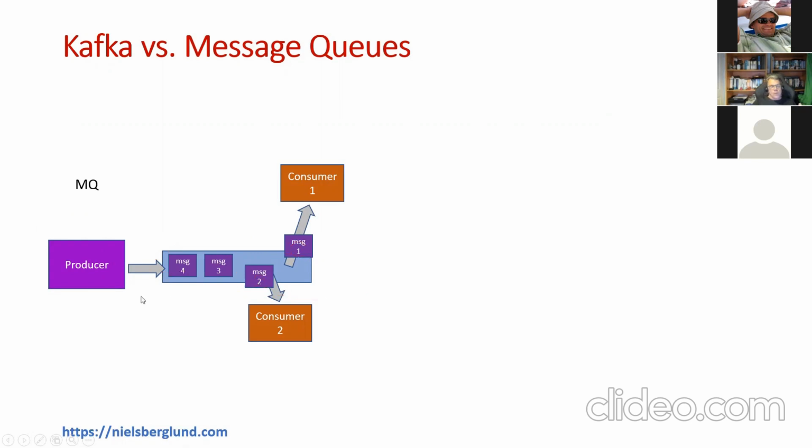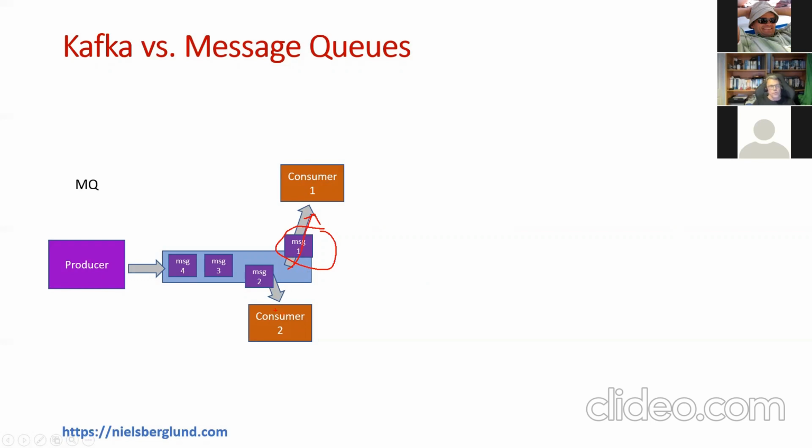The behavior of a message queue is that if I consume from the queue, the message I am reading disappears from the queue. So I have consumer 1 here that reads a message, he gets message 1.